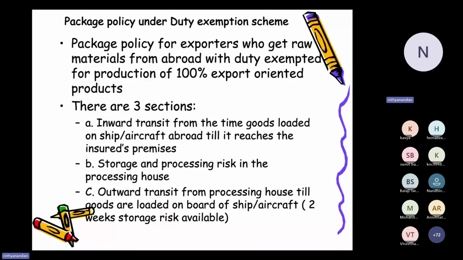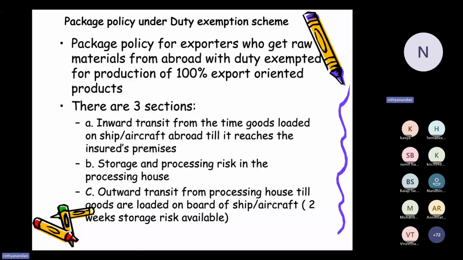They will give the design. The goods are manufactured within India and 100% given back to the buyer abroad. So this is the duty exemption scheme. In this case, the customs duty is 100% exempted because the entire goods manufactured are going abroad again. They are not consumed within India.